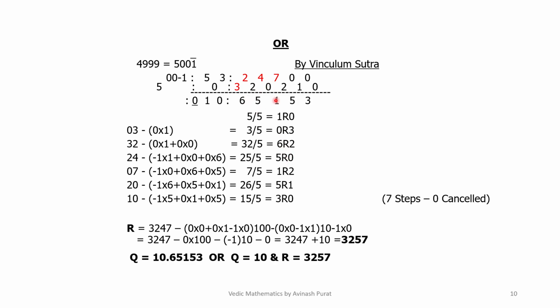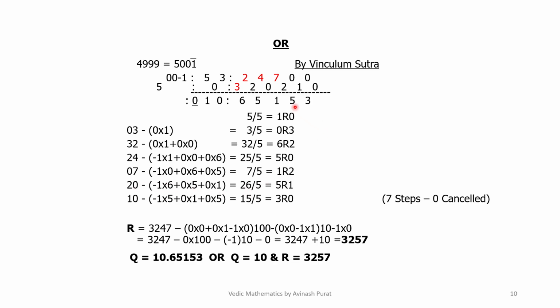So the next dividend is 7. 7 minus 1 into 0 plus 0 into 6 plus 0 into 5, that is 7 is the dividend divided by 5 equal to 1 and remainder is 2. So 20 is the next dividend minus 1 into 6 plus 0 into 5 plus 0 into 1, that is 20 plus 6, 26 divided by 5.